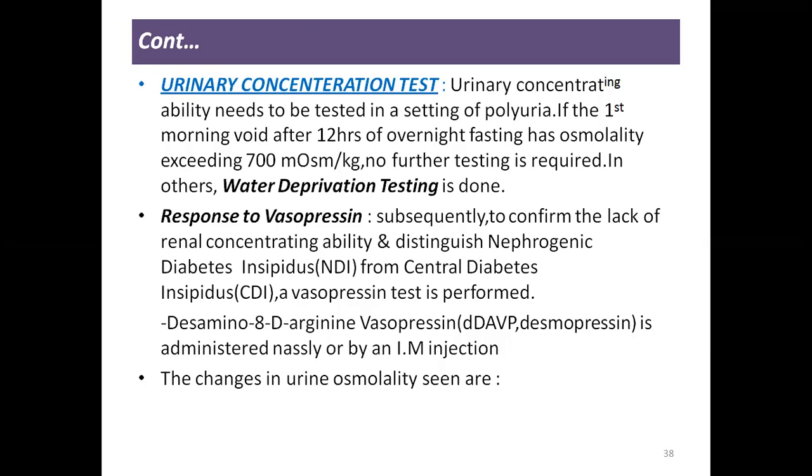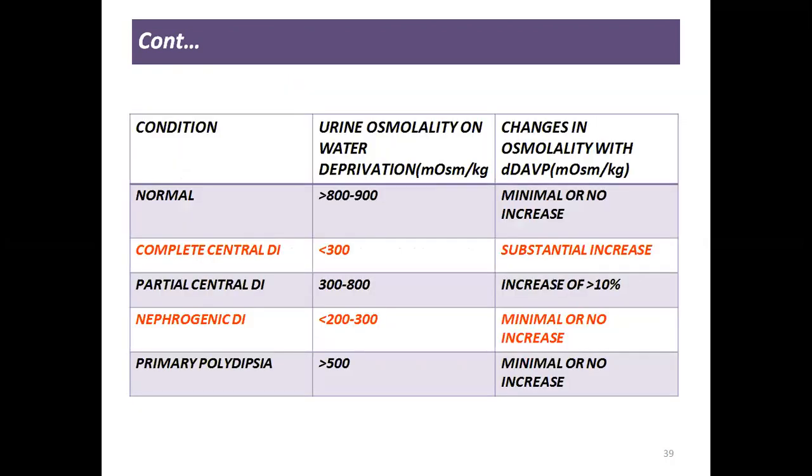We have this injection, desamino 8-D-arginine vasopressin, also known as DDAVP or desmopressin, which is administered nasally or by an intramuscular injection, and the change in the urine osmolarity is seen. So what we'll do is see how this vasopressin actually responds. We have this artificially made vasopressin and we inject it into the person, and we see how the osmolarity changes.